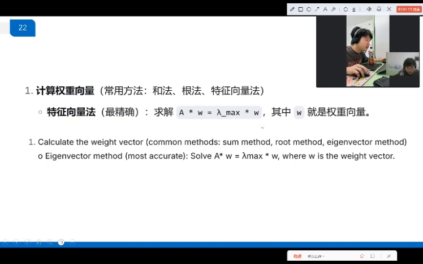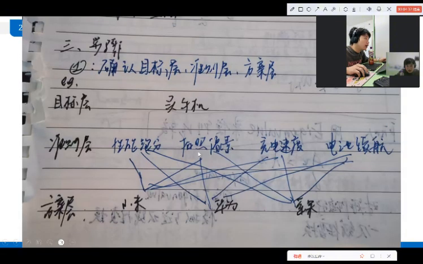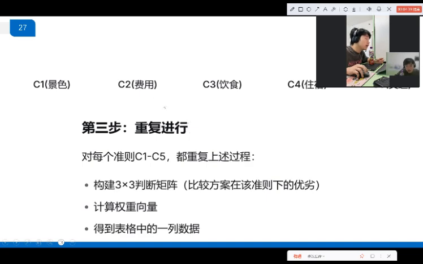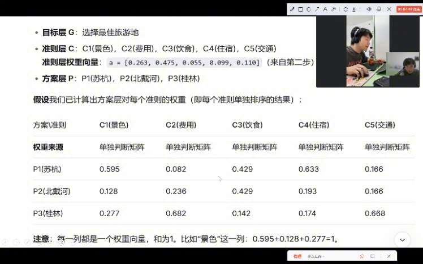And then after that we could find the eigenvector. Actually, the eigenvector here is the weight vector. For example, we could find the eigenvectors of criterion 1, scenery, here. And this is just one criterion, and we have many criteria. So we do the same process for each criterion and form a big table here.